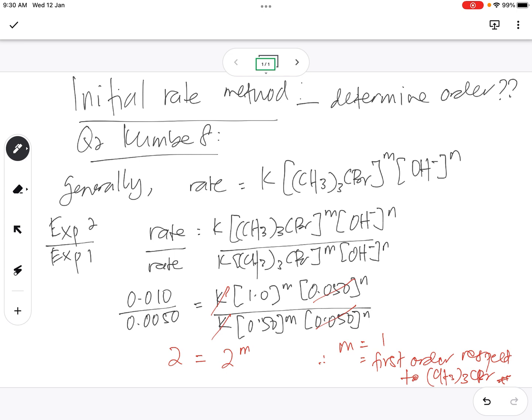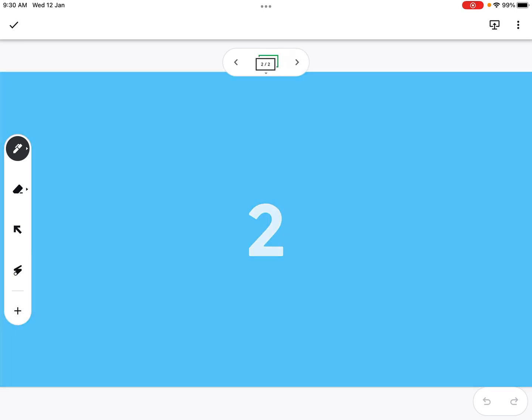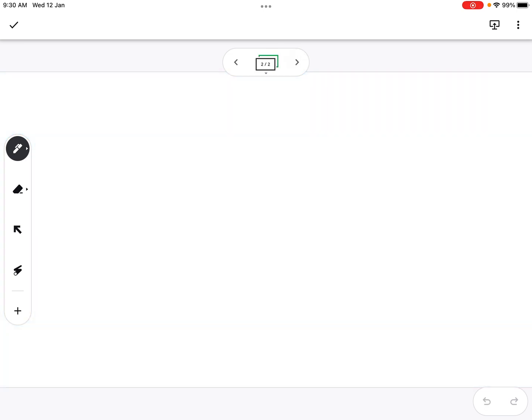Okay, kita cari N. Slide yang kedua Slide yang kedua, kalau nak cari N, eksperimen mana bahagi dengan eksperimen mana untuk cari N, negeri N tu? Which experiment divide by which experiment? Any idea? Boleh cadangkan. Kuat sikit, tak dengar lah.